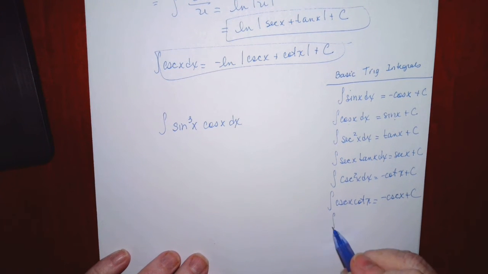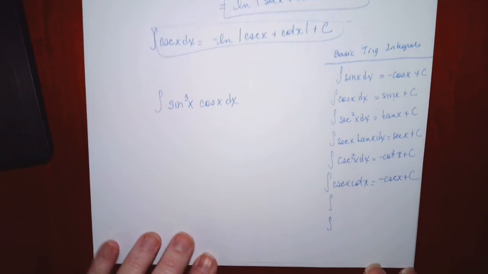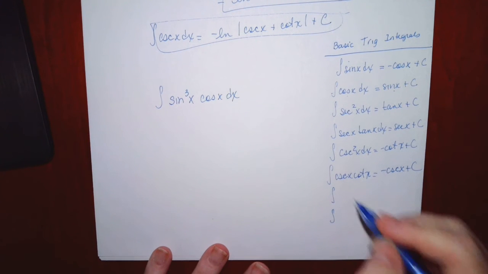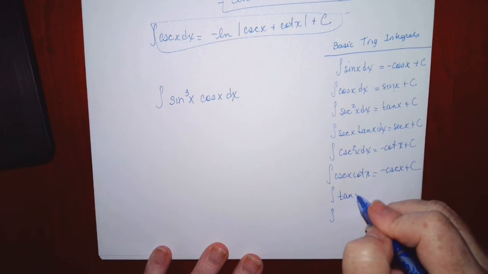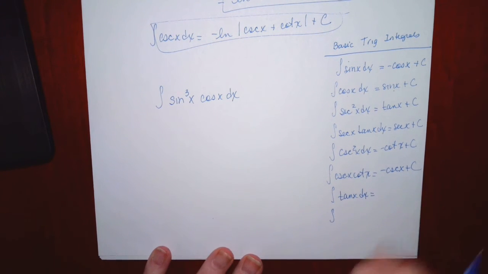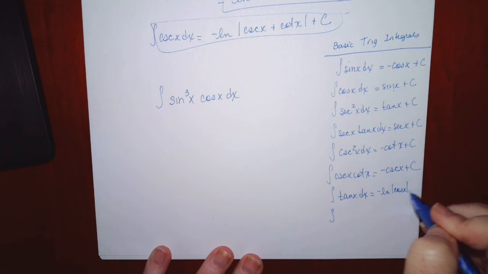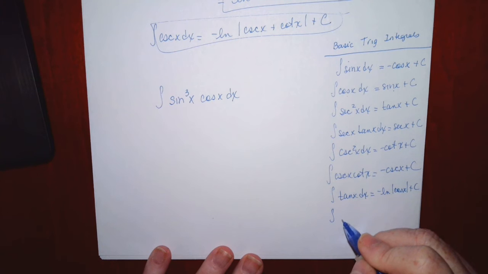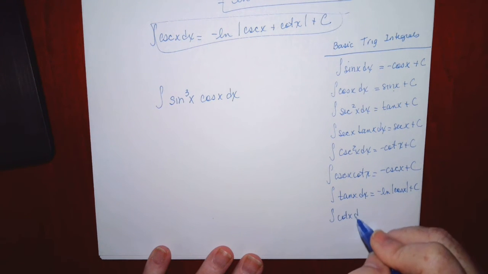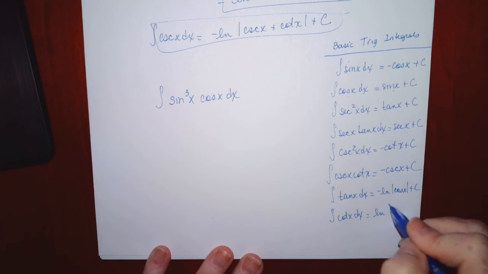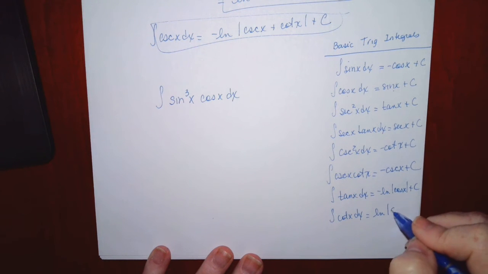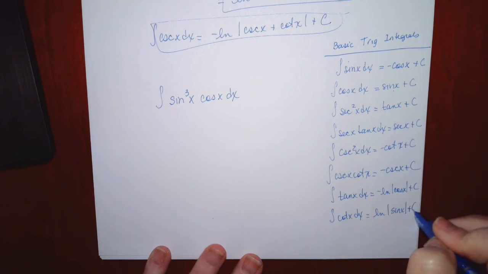And the other two that we did with u substitution in section 5.5 were tangent x, which is negative the natural log of absolute cosine x, and cotangent x, which is the natural log of absolute sine x.